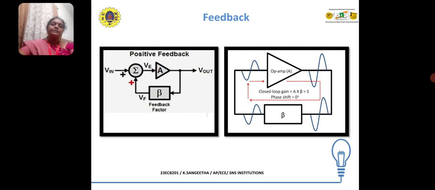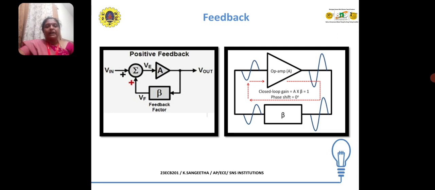So what is meant by feedback? Feedback is nothing but the fraction of output fed back to the input. It is called feedback. There are two types of feedback: one is positive feedback and another one is negative feedback. In an oscillator we are using positive feedback, and negative feedback is used in operational amplifiers.